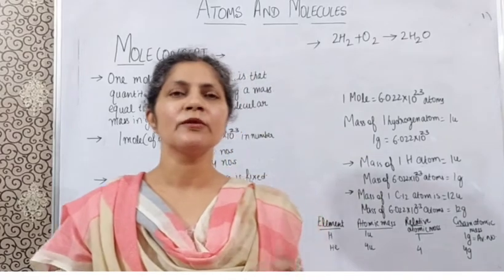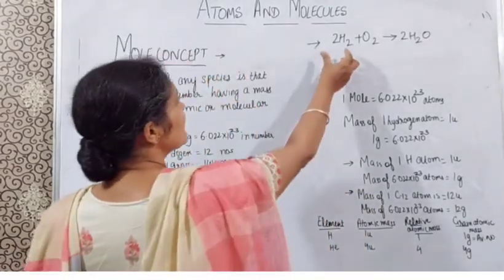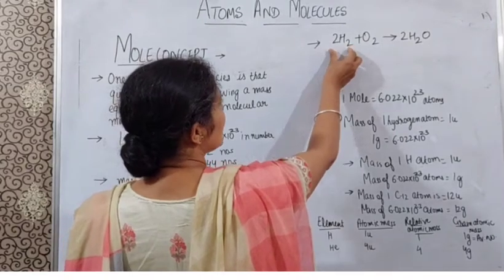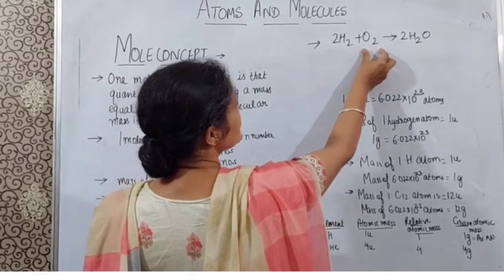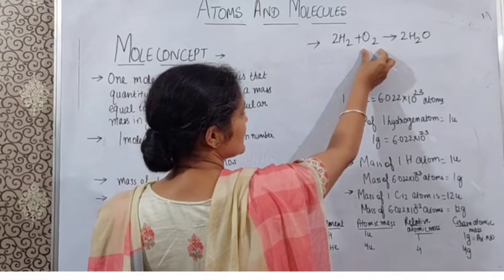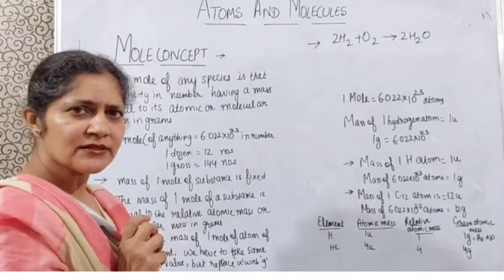Now students, we will start with an example. I have written a chemical reaction in which 2 molecules of hydrogen combine with 1 molecule of oxygen to give 2 molecules of water. Right students?